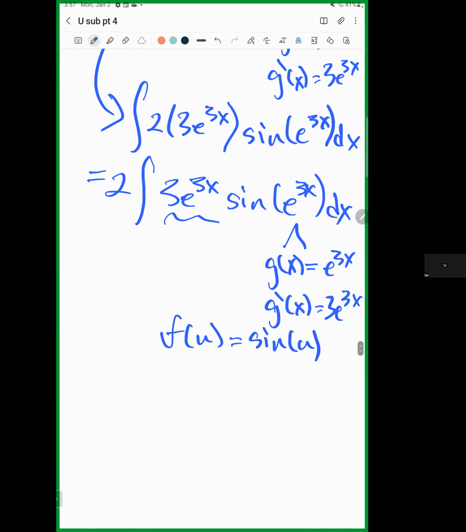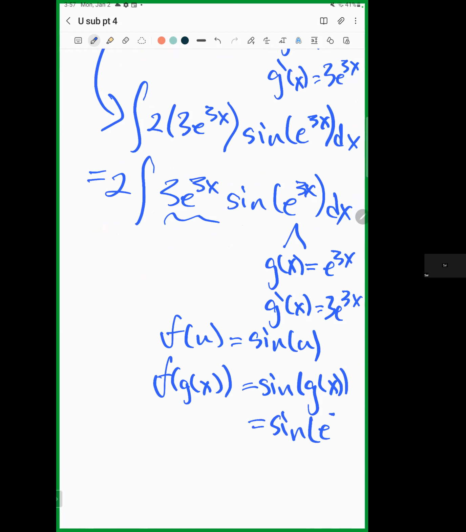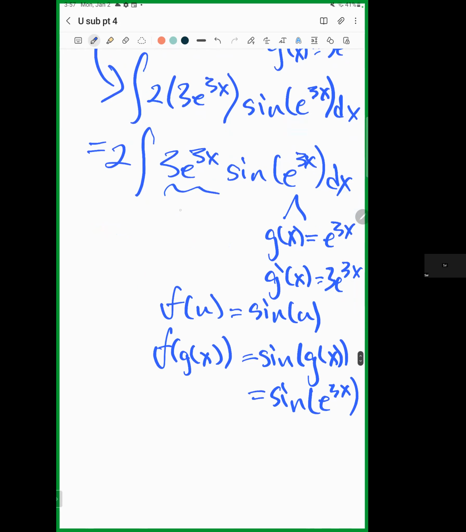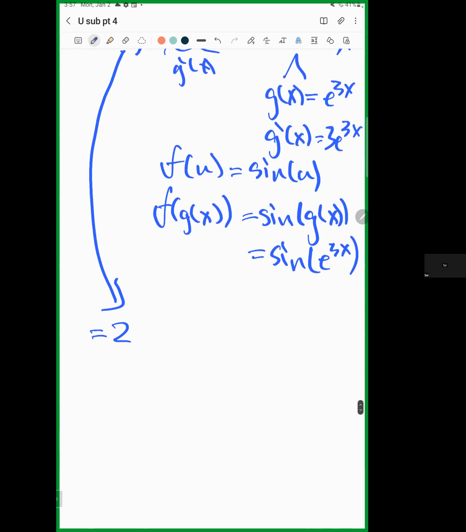So then f of g of x would be sine g of x, which is just sine e to the 3x. So again, this chunk right here is g prime of x, and this is just f of g of x. So it is in that form where we can apply the f of u du integral instead.